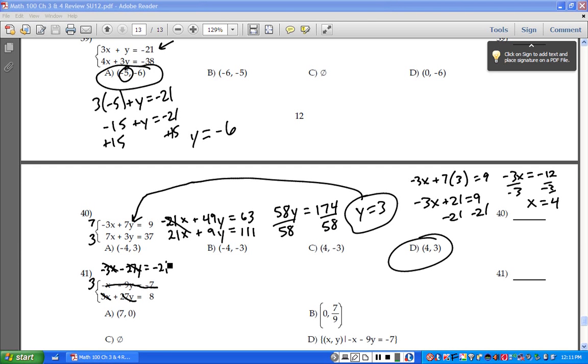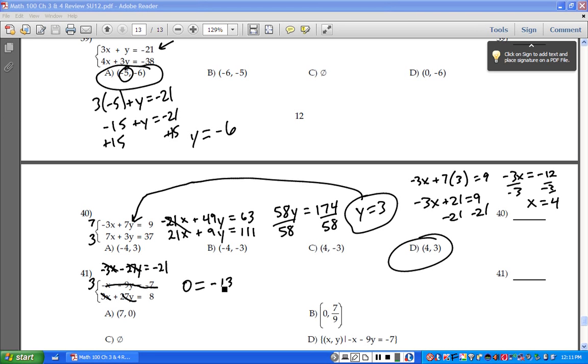Y and y cancel. So on the left side of the equal sign, everything cancels, which leaves me a 0. Now over here on the right side, I have a negative 21 plus 8, which is a negative 13.